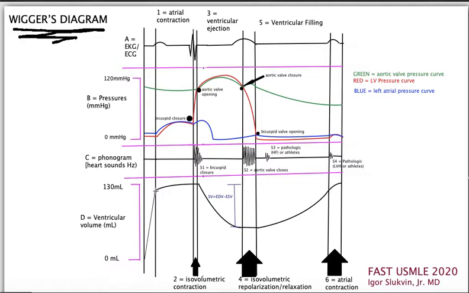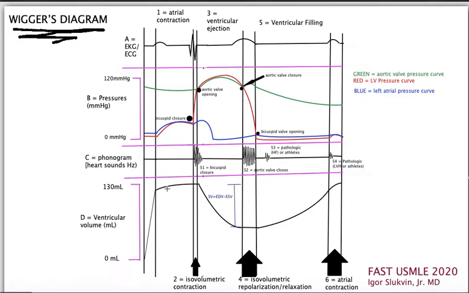Now, the atria contracts. So let's start with one, atrial contraction. You got your P wave. The SA node fires an electrical signal to cause a mechanical event. Now, what you'll notice is the atria doesn't pump the entire blood to the left ventricle because it's way smaller, right?